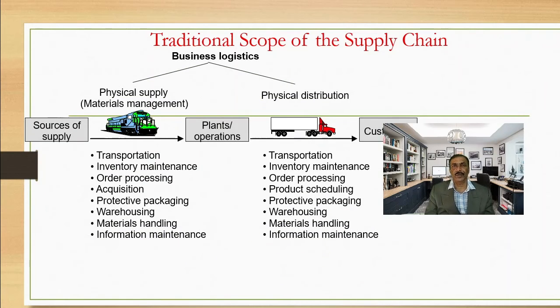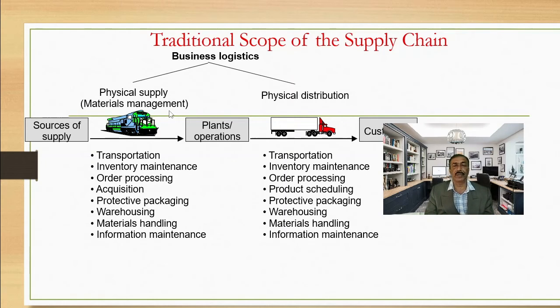In some organizations, maybe traditionally they are not using supply chain, but the future is going to be supply chain. Even in organizations that had disintegrated functions, especially in India, they may not use supply chain management as it is, but they may be working in silos.